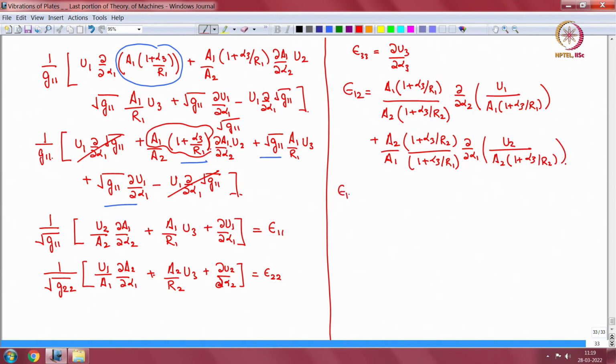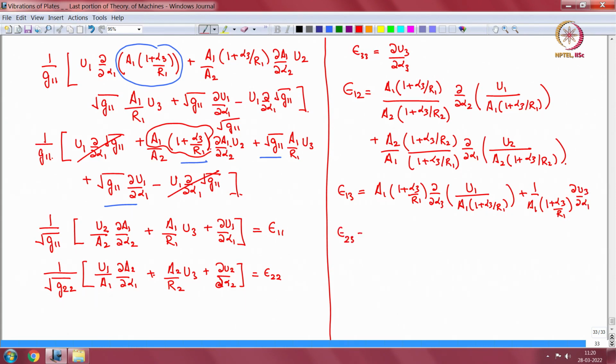And epsilon 1 3 is A1 1 plus alpha 3 by R1 del alpha 3 U1 by A1 1 plus alpha 3 by R1 plus 1 by A1 1 plus alpha 3 by R1 del U3 by del alpha 1.